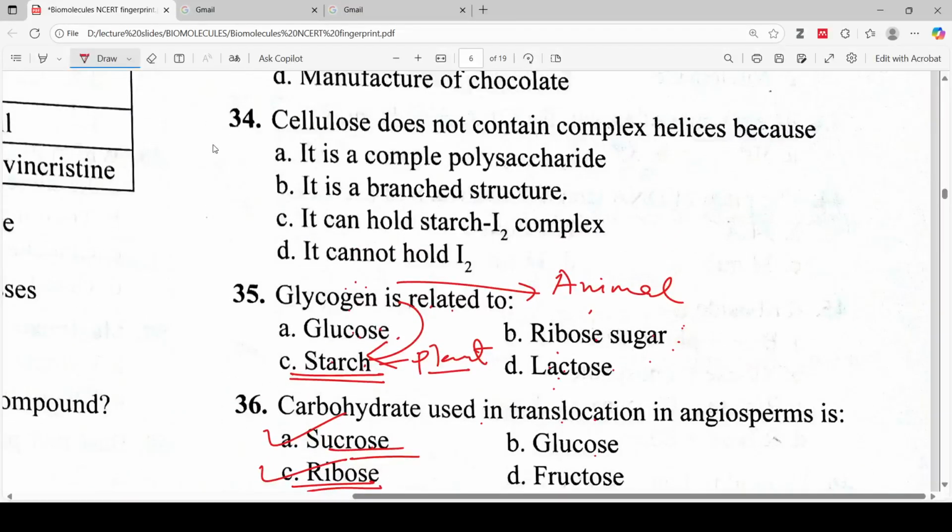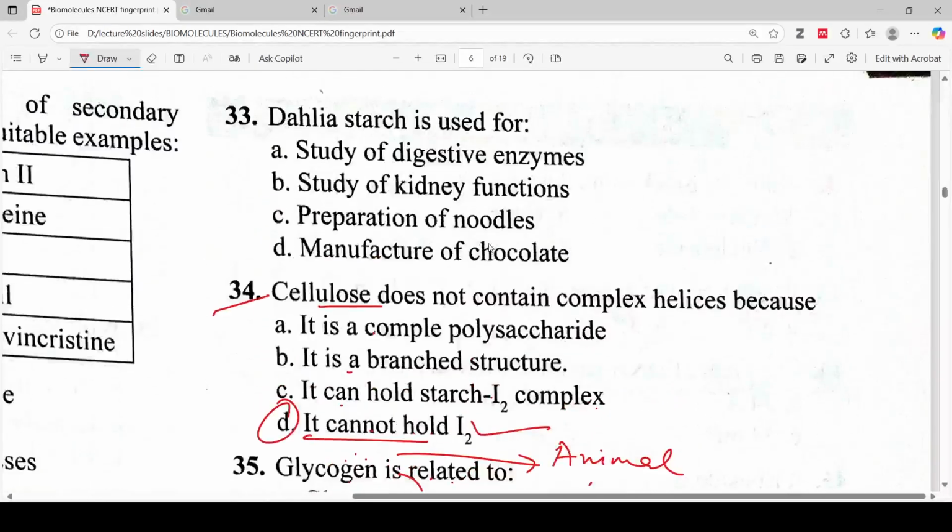Next question. Cellulose does not contain complex helices because it is a complex polysaccharide. It is a branched structure. It can hold starch-iodine complex. It cannot hold iodine. So the correct answer for this question is D. Next question.